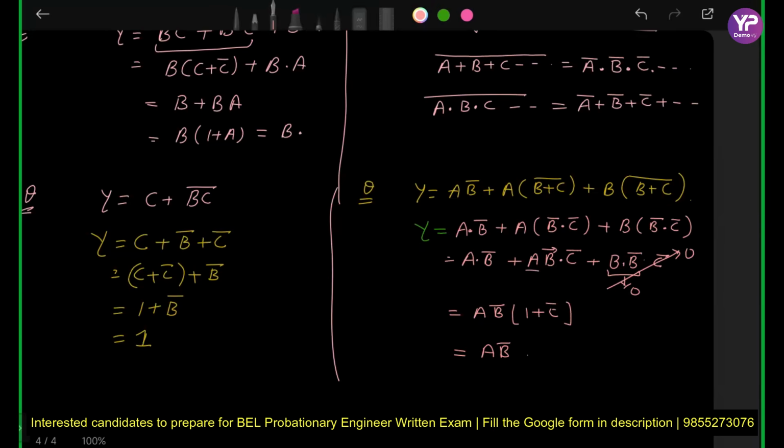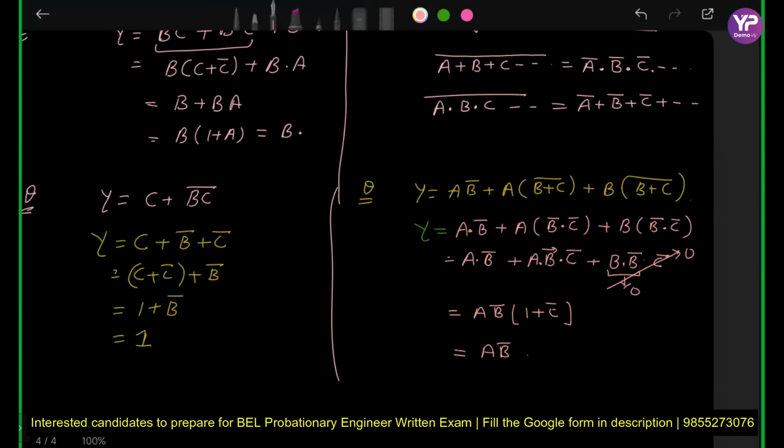How have you taken A, B bar and C bar? I just removed the bracket. It will be like A, B bar and A, C bar. Yeah, it is A, B bar, and C bar.